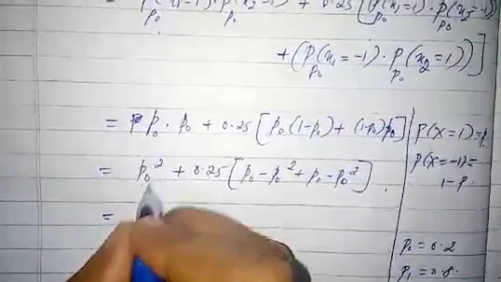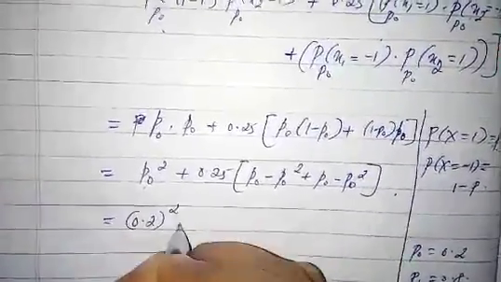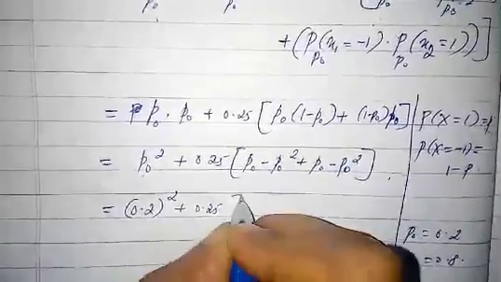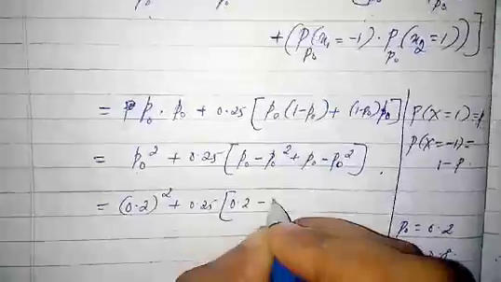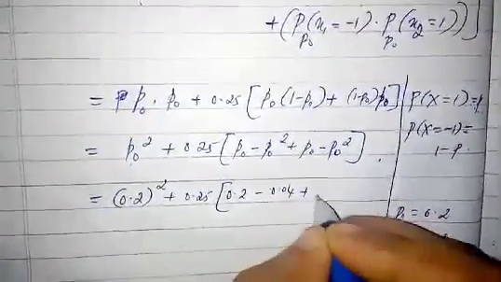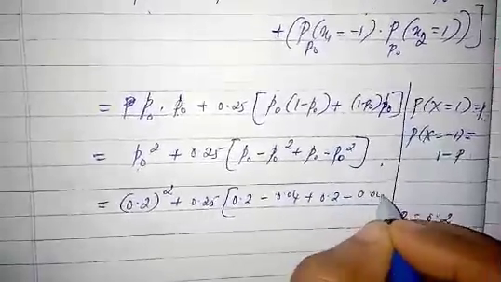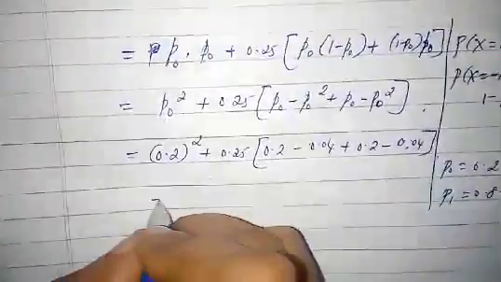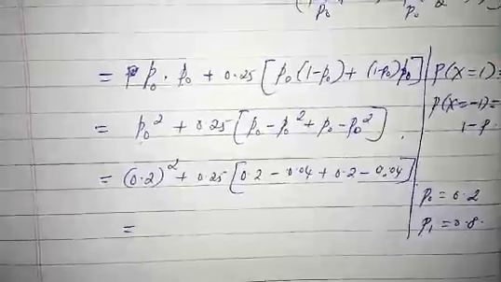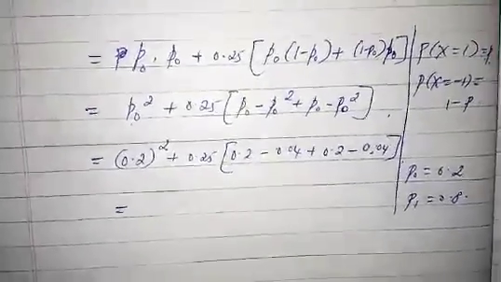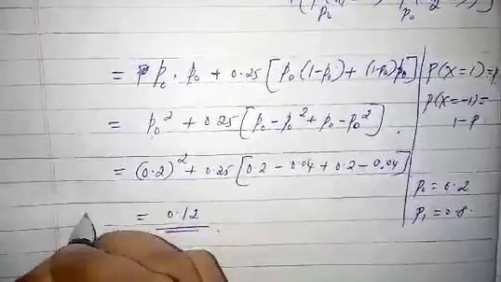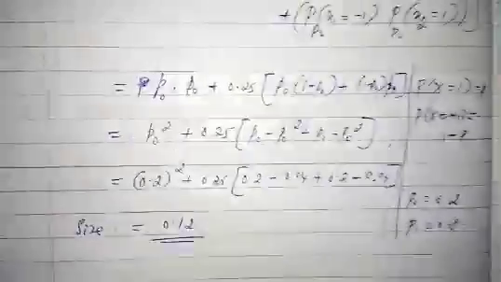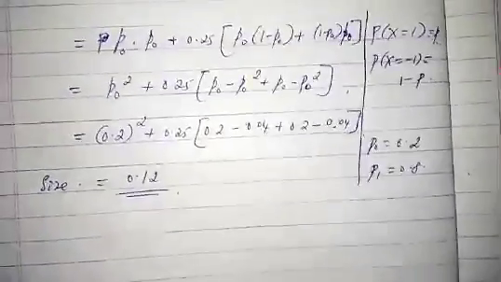It is 0.2 power 2 plus 0.25 into (0.2 minus 0.2 square, which is 0.04) plus 0.2 minus 0.04. So it is equal to 0.12. The size of the test here is 0.12.